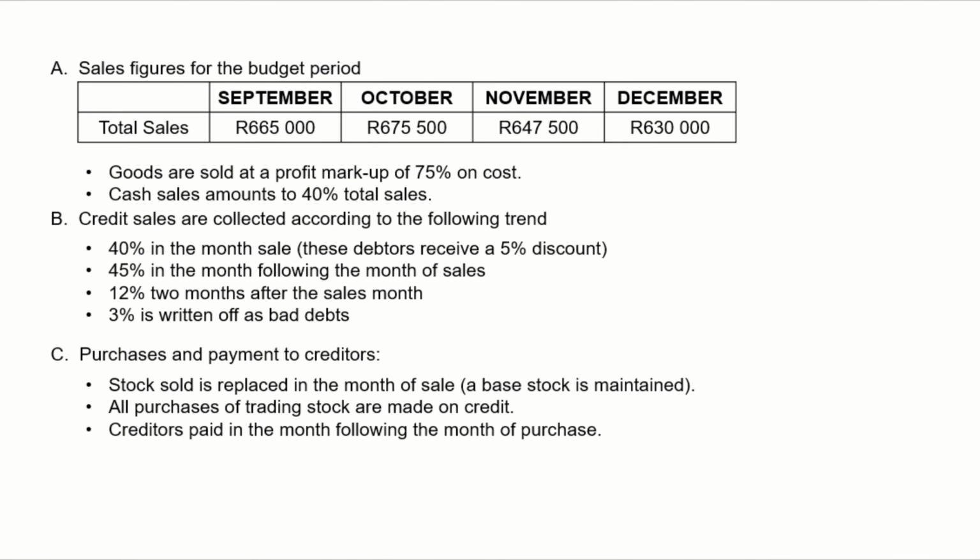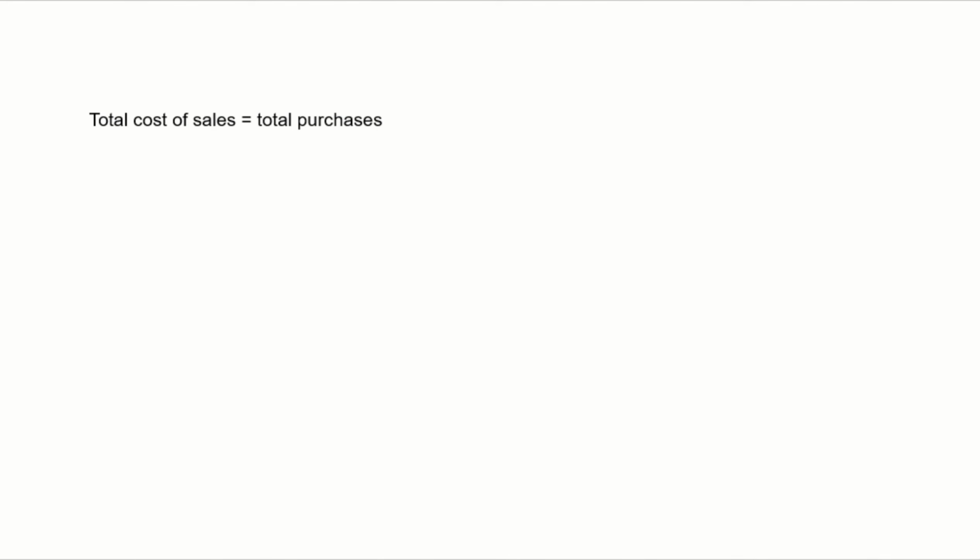We're going to take the sales amount for November. Let me highlight this for everyone to see. Okay, now we're gonna take this amount over here, the month of November, which is 647,500 rands. We're going to take that and multiply it using the profit markup percentage given to us. Okay, so now that will be something of this nature. So it's going to be 647,500 rands.